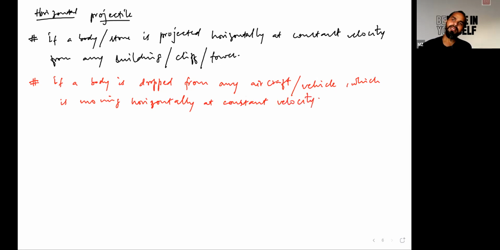So in all of these cases, its motion will be called horizontal projectile.